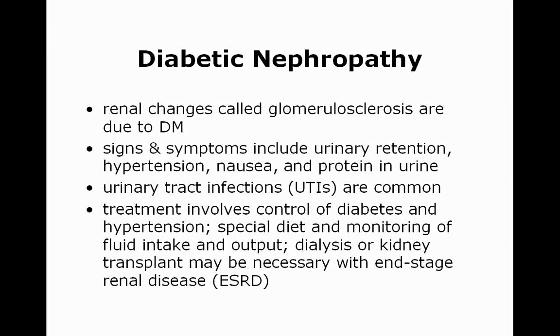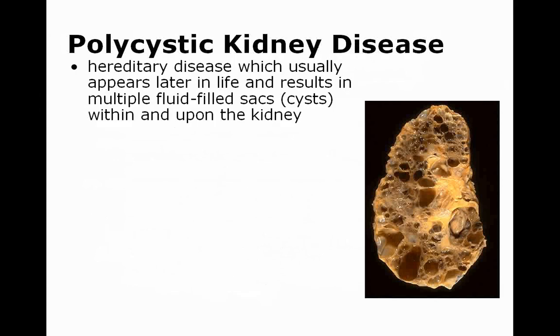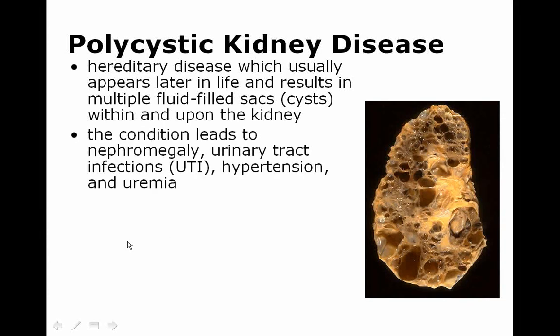And then next is polycystic kidney disease. There's a great picture in your book, like this picture on the screen, of a kidney that has multiple cysts, both inside and on the outside. This is a hereditary disease, usually appears later in life. And these multiple fluid-filled cysts can be present and non-symptomatic, but eventually they're going to cause such damage to the kidneys that the person will have enlargement of the kidneys, nephromegaly.